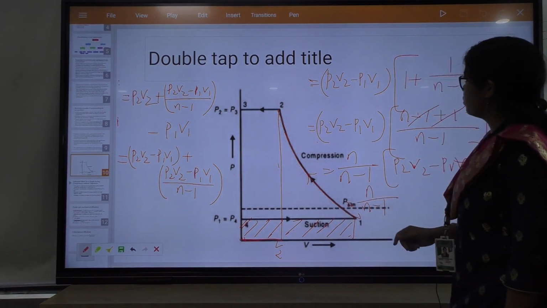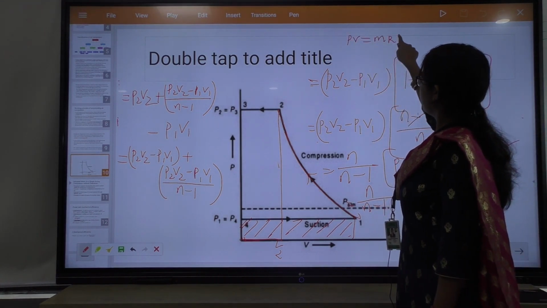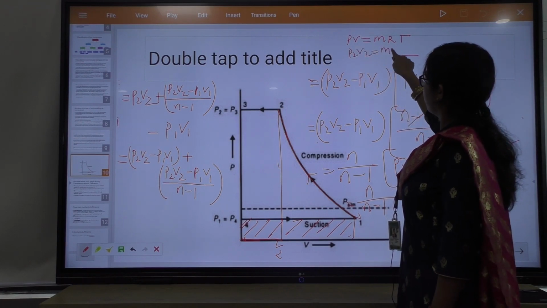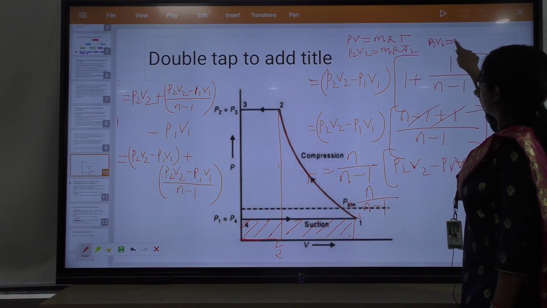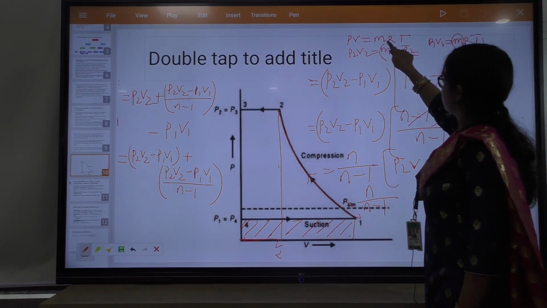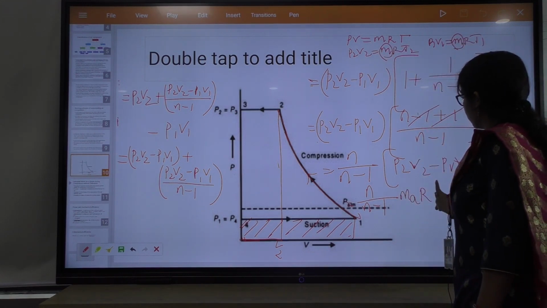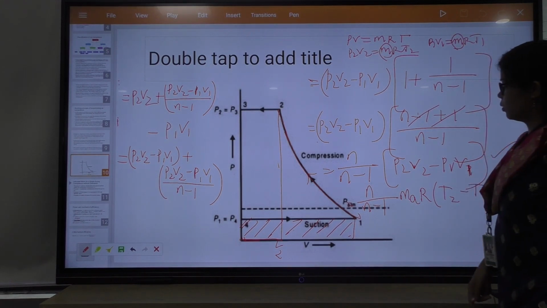This is PV, you know PV is equal to MRT. So, P2 V2 is equal to MRT2 and P1 V1 is equal to MRT1. Mass will be common because it is the mass of air, so R into T2 minus T1. Okay.